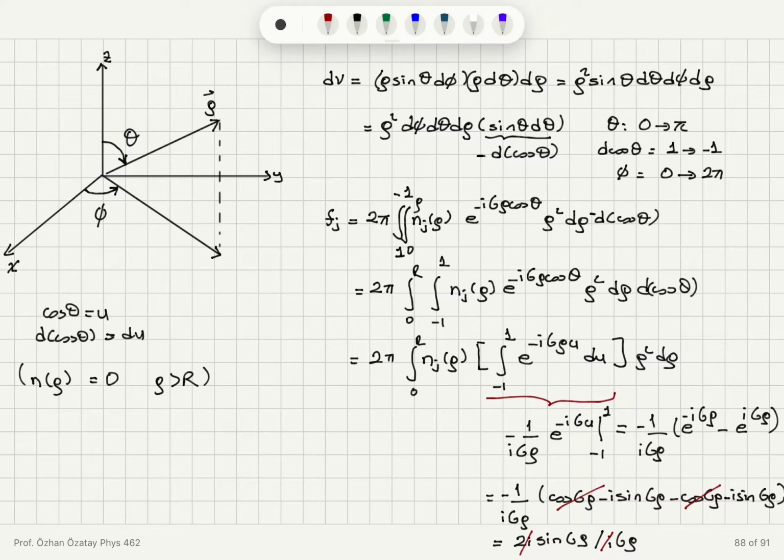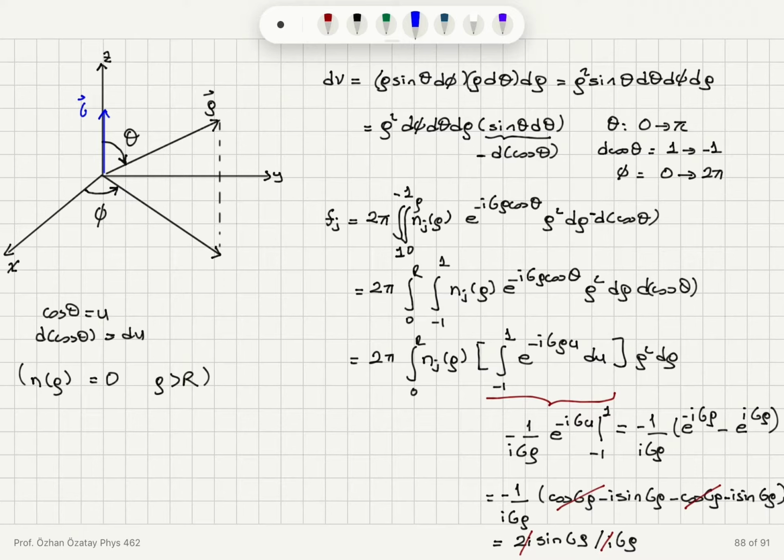Therefore, I'm assuming that my g vector is on the z-axis. So this is my g vector. G dot rho was g rho cosine theta, remember? And the projection of the rho vector onto the xy plane makes an angle phi with respect to the x-axis. So there is the polar angle and azimuthal angle we have to consider.